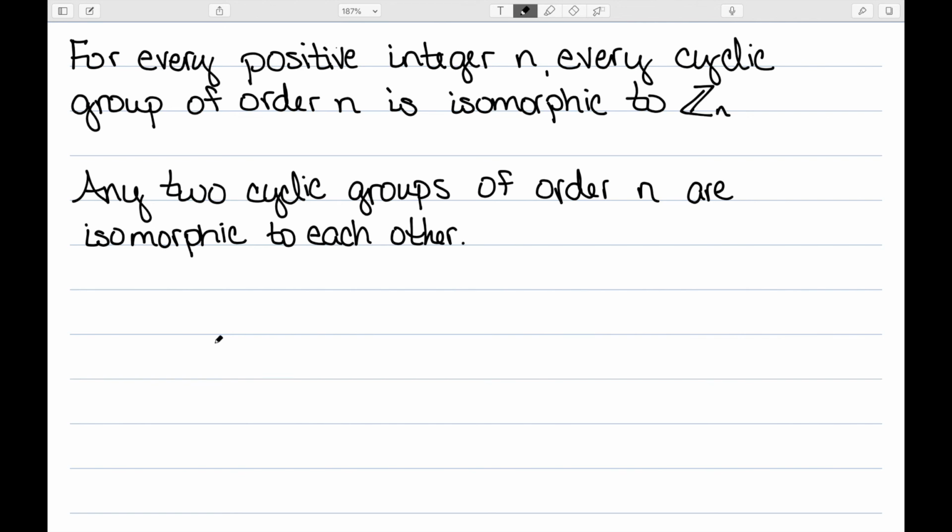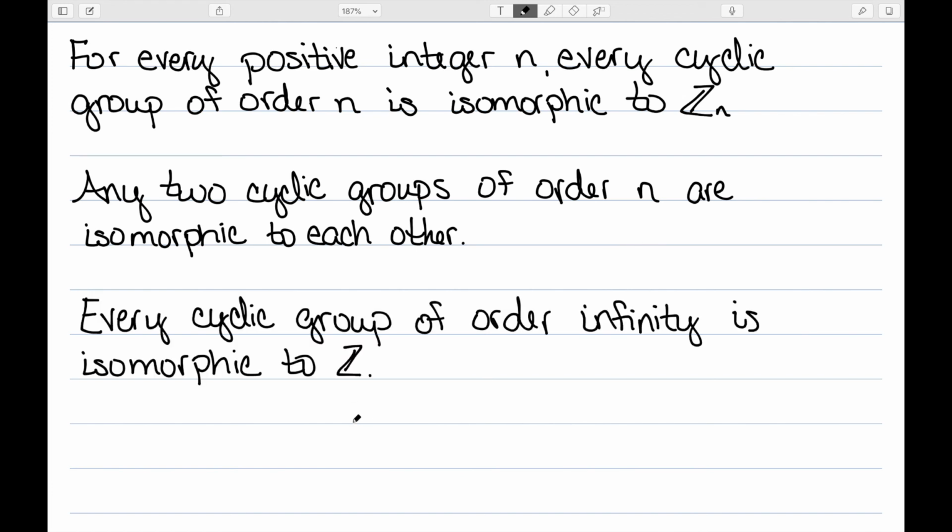Once we know the order of the cyclic group, we can say everything we need to about it by knowing it's isomorphic to Zn, as well as every other cyclic group of that order. And there's nothing unique about finite order. Every cyclic group of order infinity is isomorphic to Z, which then tells us as well that any two cyclic groups of order infinity are isomorphic to each other.